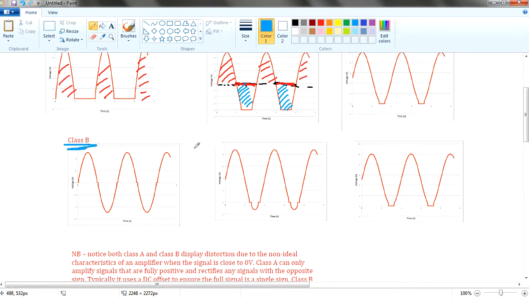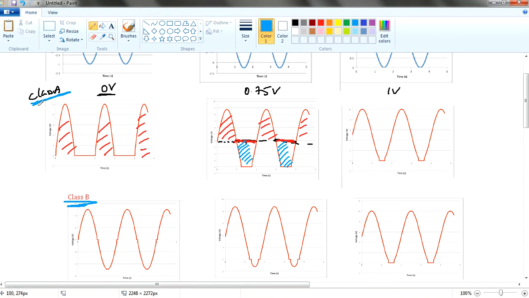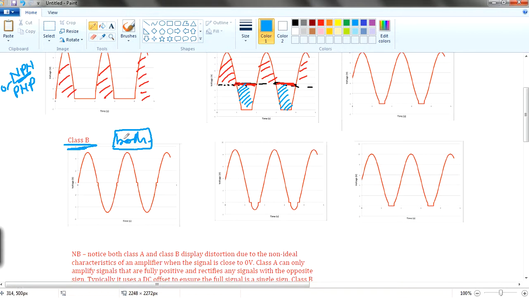Class A is only using one transistor, one NPN or maybe PNP, either one. But in this case, class B uses both. Maybe this one is only NPN, but whatsoever. Class B uses both NPN and PNP.